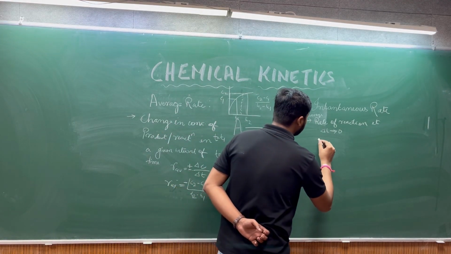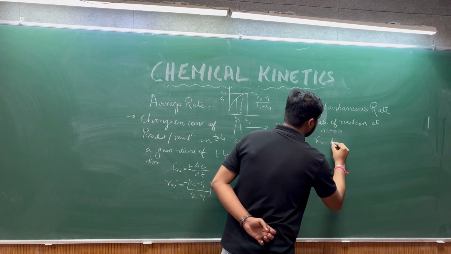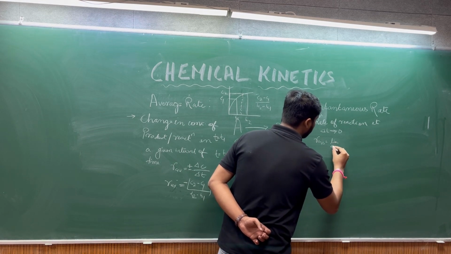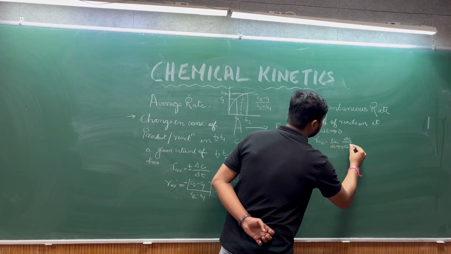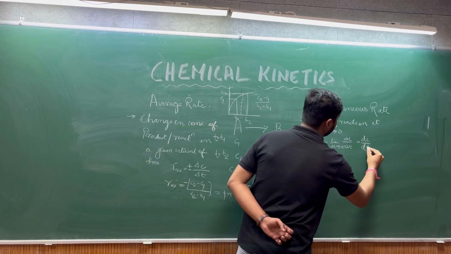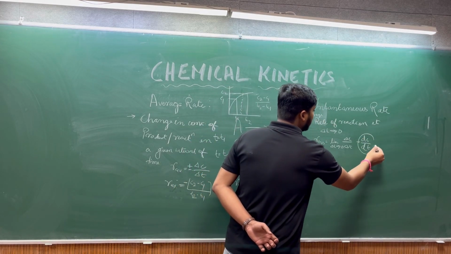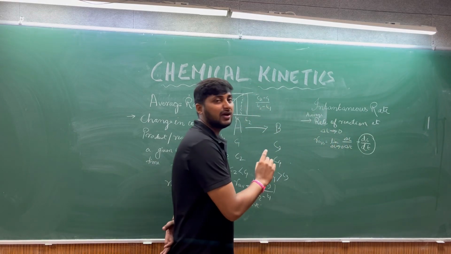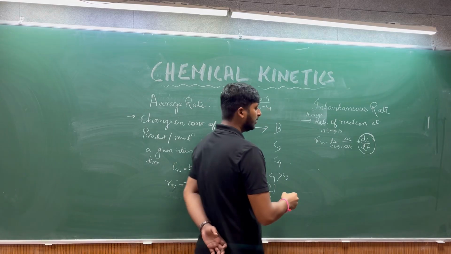So it is represented as R instantaneous equals limit delta T tends to 0 of delta C by delta T, which can be written as dC by dt. Now this expression, I think everyone might be familiar with. This is the expression for slope, right?